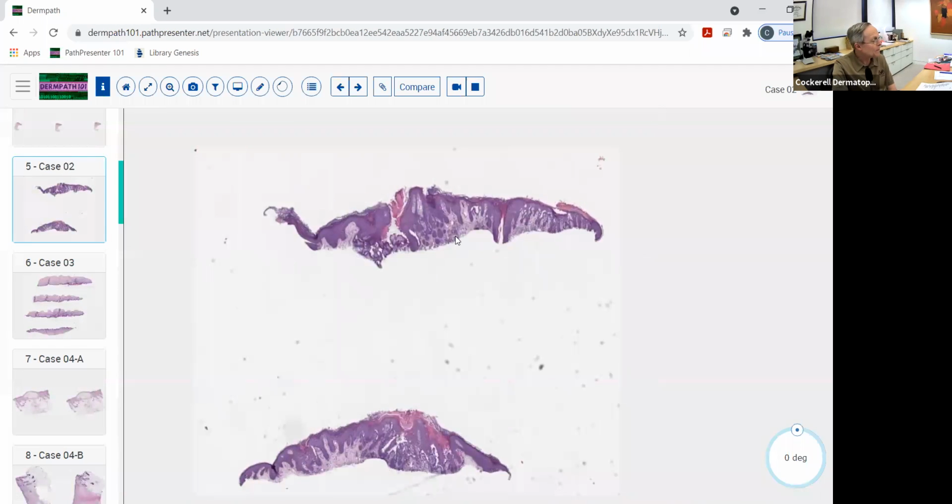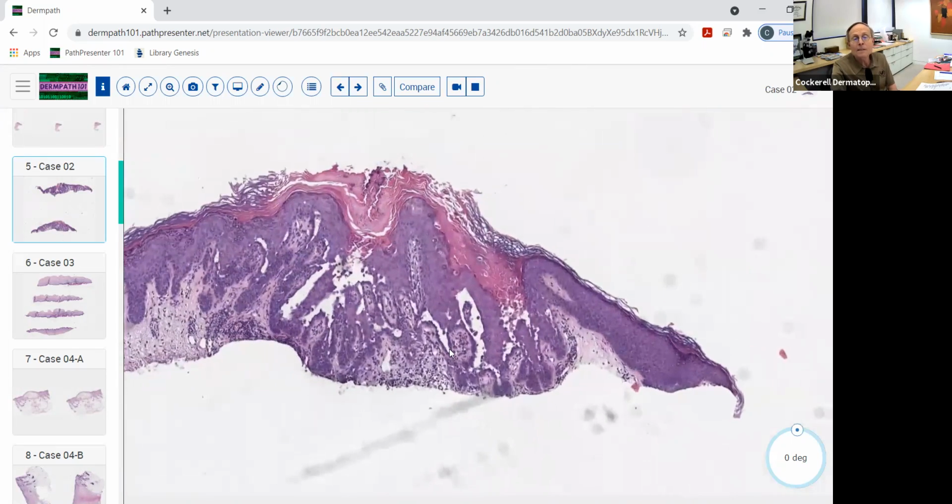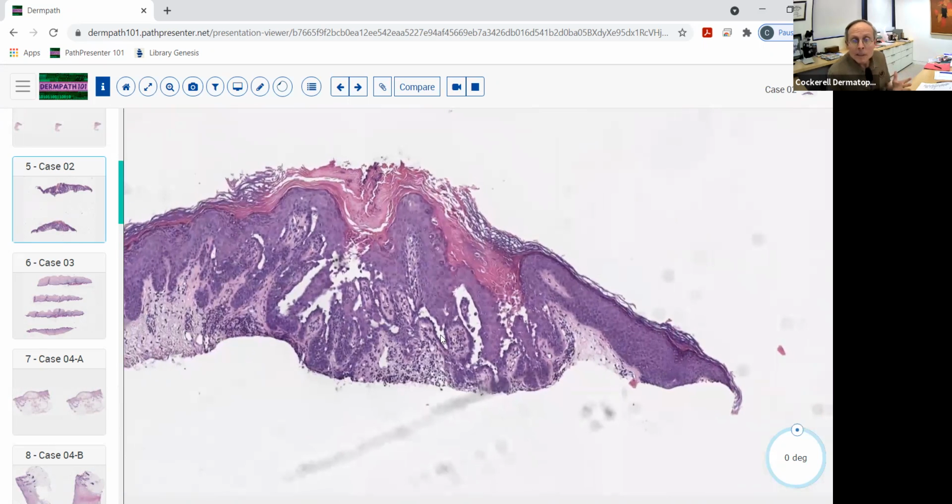Now, what do we have here? We've got intraepidermal acantholysis. Okay, so the reaction pattern here in this one, to me, looks more like focal acantholytic dyskeratosis. So when you see focal acantholytic dyskeratosis, you should be thinking in terms of things like Darier's disease, Grover's disease, familial dyskeratotic comedones.